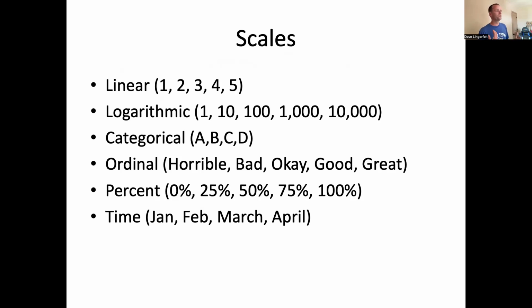Things like ordinal, categorical. The thing to keep in mind about categorical and ordinal is I can also come back and associate quantitative values to this. Let me give you a great example. When I think about the student survey or evaluation that you will all fill out at the end of this class, you will be asked to rate my performance as a faculty member on an ordinal scale.